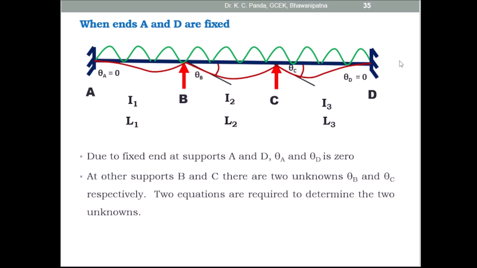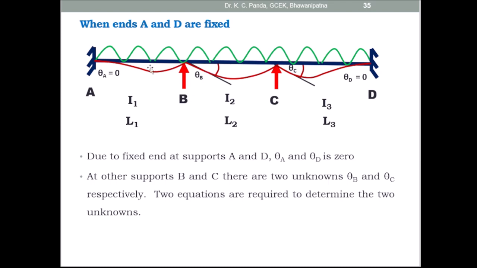In this case, you need two equilibrium equations so that you can find out the two unknown displacements, theta B and theta C. Here you take the first equilibrium equation at joint B, that is summation of moment at B is equal to 0, MBA plus MBC is equal to 0, and the second equation, summation of moment at C is equal to 0, that is MCB plus MCD is equal to 0.